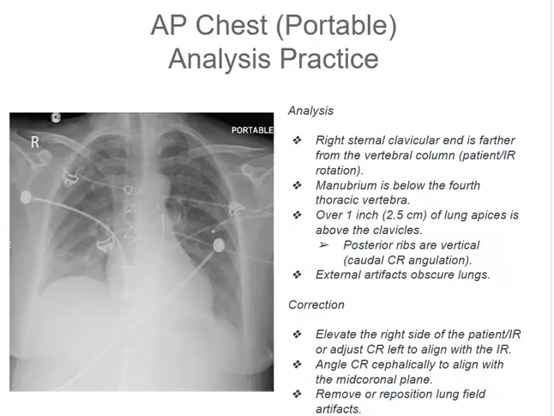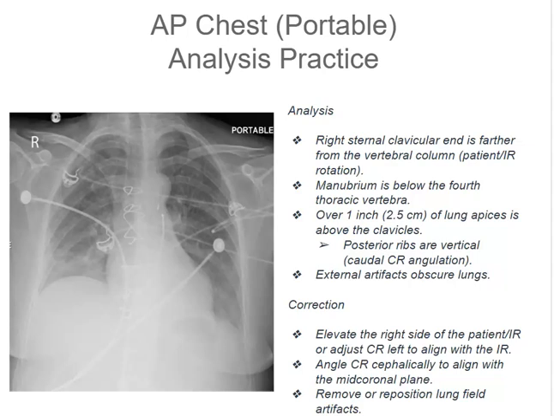But in this case, we also need to determine that the caudal central ray angulation is excessive here. And so in order to take corrective action, we need to elevate the right side of the patient, or elevate the right side of the patient and the IR, or adjust the central ray towards the left of the patient until the collimator's face is parallel with the mid-coronal plane, or IR.